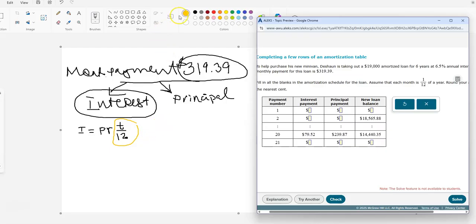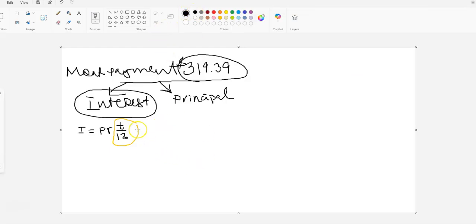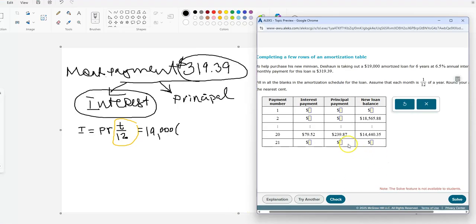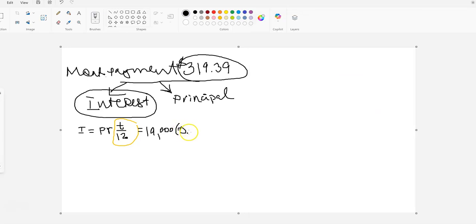So now we're going to calculate this by substituting the P. Principal is the initial amount of the loan, which is 19,000. So let's go ahead and plug in the interest, and the interest, I remind you, is 6.5%, which in decimal notation is 0.065.